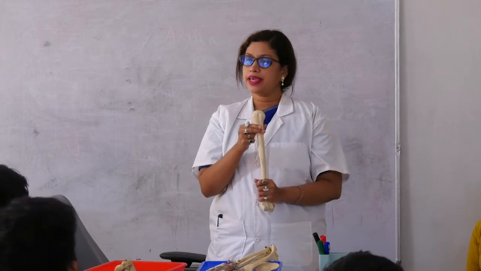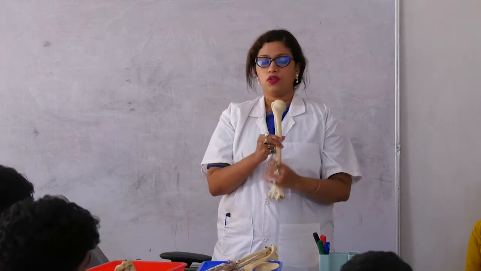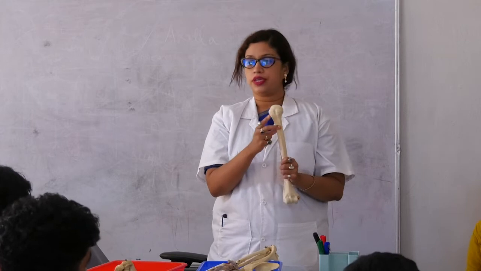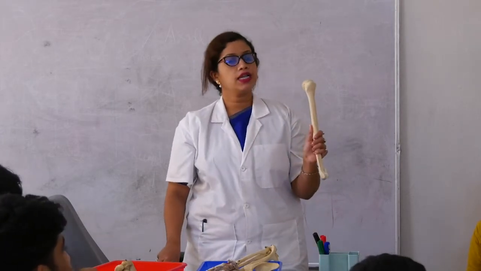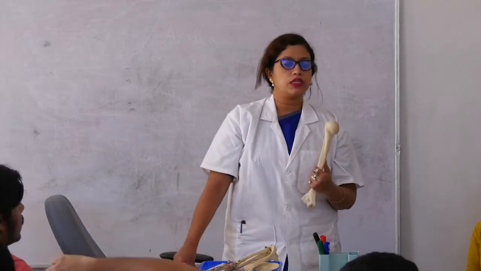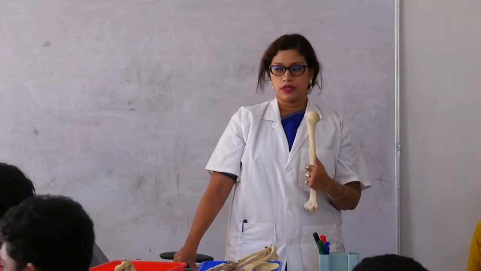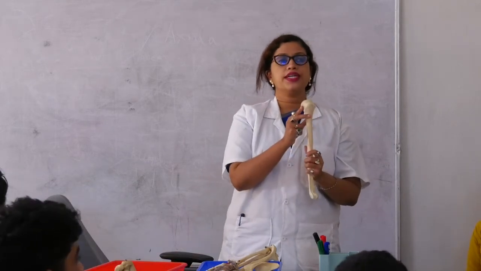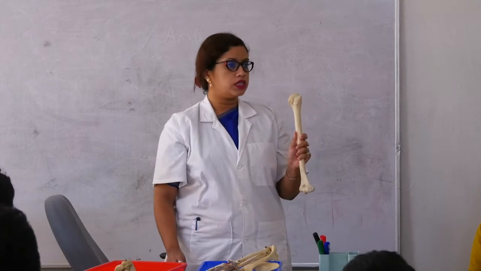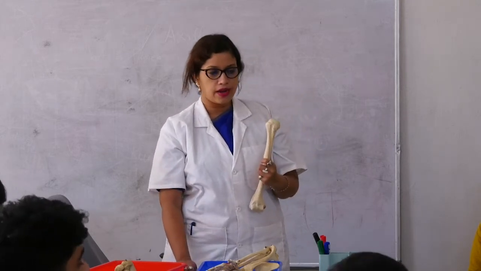Okay, then next, the neck is over, right? So in the upper end we are still leaving two things: one is the greater tubercle, another one is the lesser tubercle. At first we will discuss the greater tubercle. What are the structures you will see here?